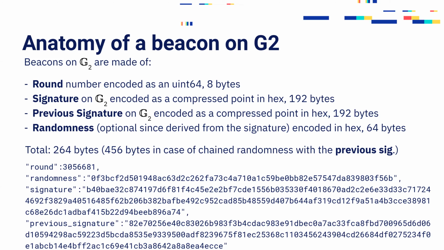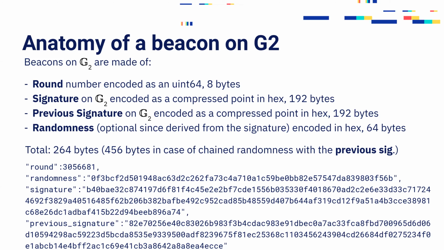So that would be 192 bytes. Now, the default chain is operating in chained randomness mode. We'll see in a minute what that means. And that means we need the previous signature as well to verify the signature. Because usually what you sign with the different beacons is the round number.